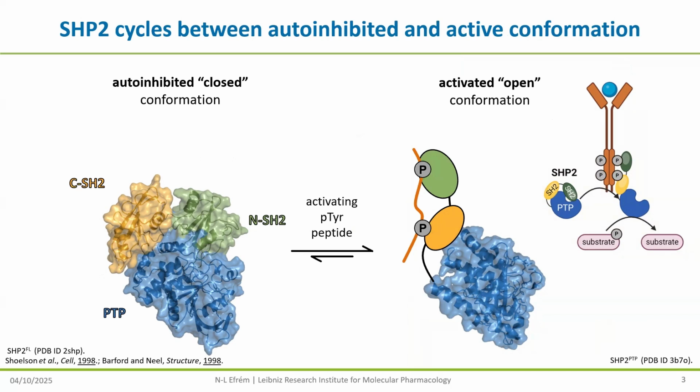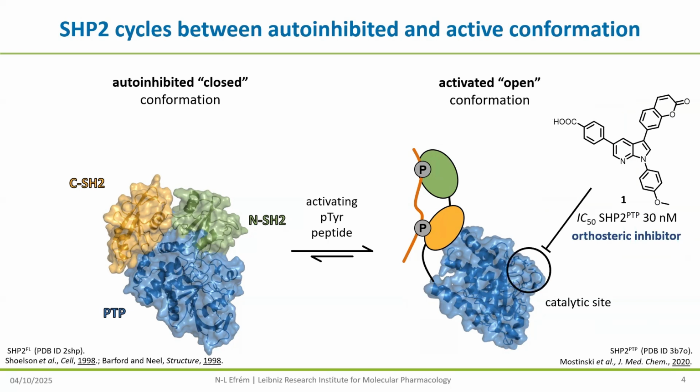In this auto-inhibited conformation, the catalytic site in this catalytic protein tyrosine phosphatase domain is occluded by the N-terminal SH2 domain, a regulatory domain that covers the catalytic site. Then upon the binding of the phosphotyrosine peptide to the regulatory SH2 domains, these regulatory domains detach from the catalytic domain, rendering the catalytic site available for substrate binding and catalysis.